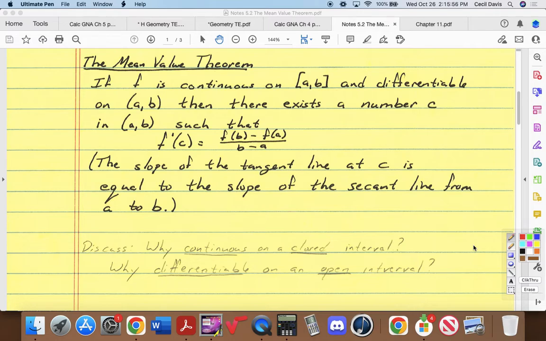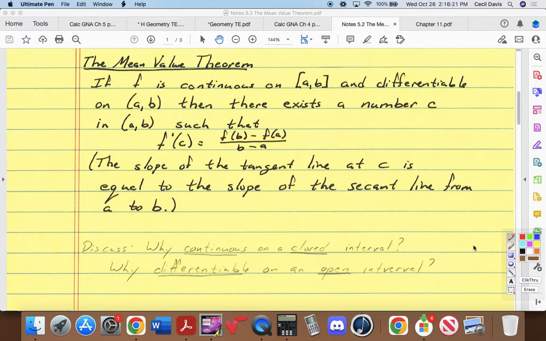It's lots of moving parts, but you have to be continuous on a closed interval. That means you need to include the endpoints. You can't have a hole at one of the endpoints. Because if you have a hole at one of the endpoints, you're not going to be able to do the average rate of change at all. So it's got to be continuous in between and at the endpoints. It doesn't have to be differentiable at the endpoint.